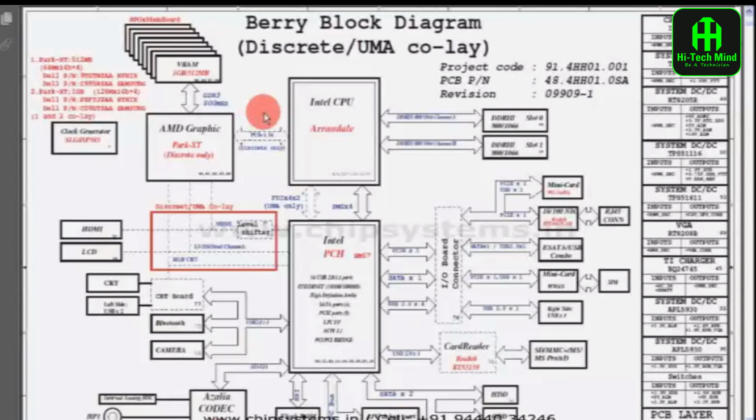The difference in this laptop motherboard architecture is that there is no Northbridge chipset. The Southbridge chipset is presented as PCH. Before, we used ICH. This is the major difference in this latest laptop motherboard.